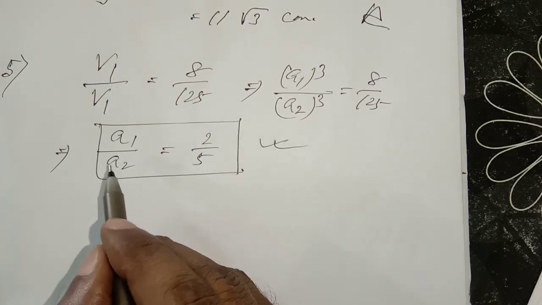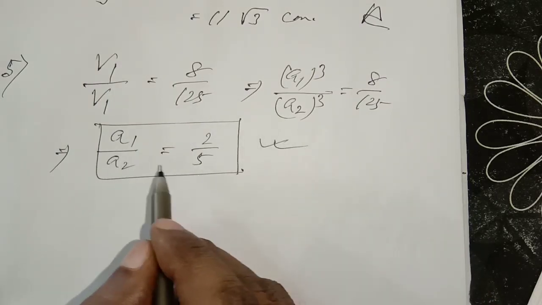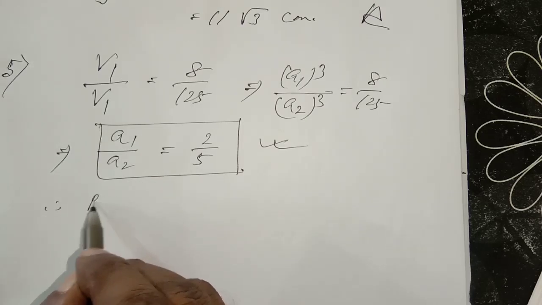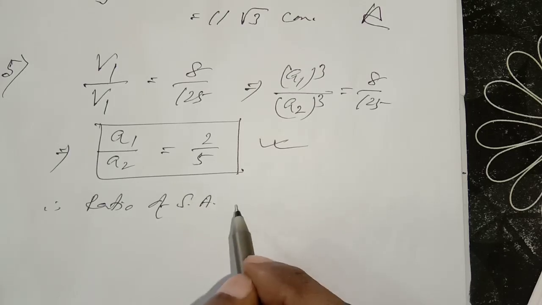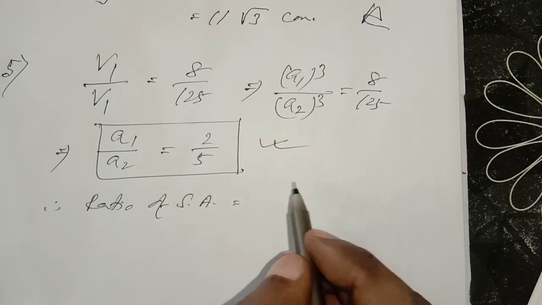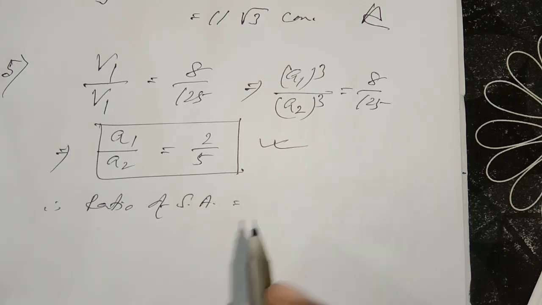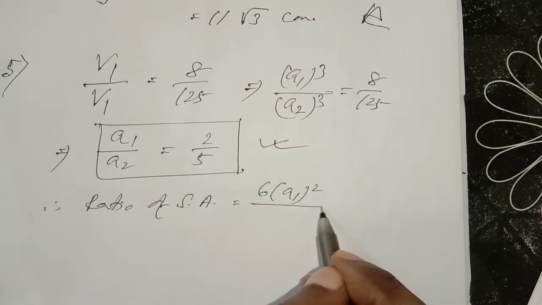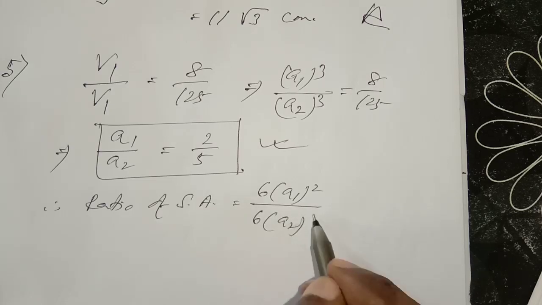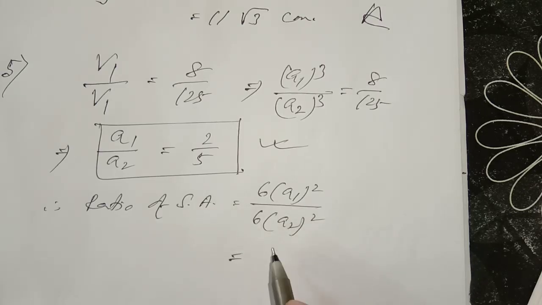And you have to find the ratio of the surface areas, meaning total surface area. The total surface area formula is 6a², so 6 into A1² by 6 into A2². The 6 is cancelled, leaving (A1 by A2) whole square.